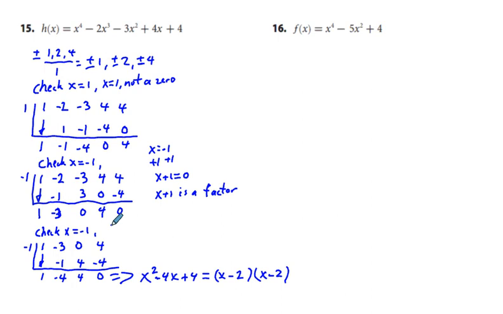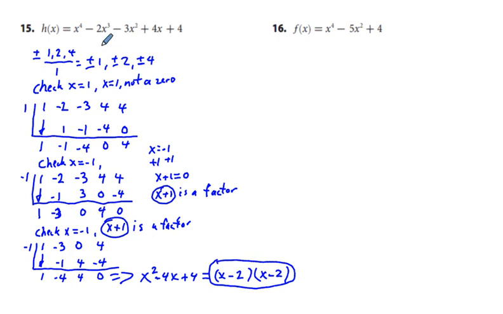So we have x plus 1 is a factor, x plus 1 is a factor, and x minus 2 and x minus 2 are our other two factors. We got x plus 1 twice from doing synthetic division with a 0 of negative 1.